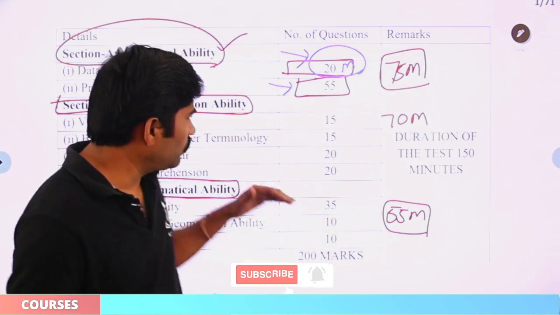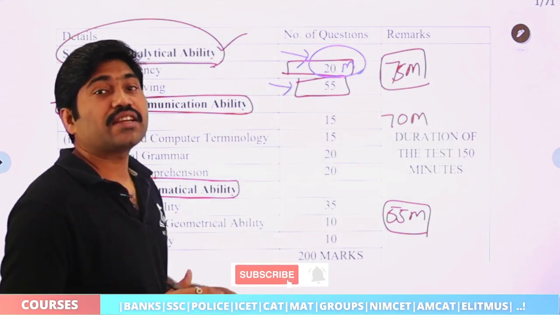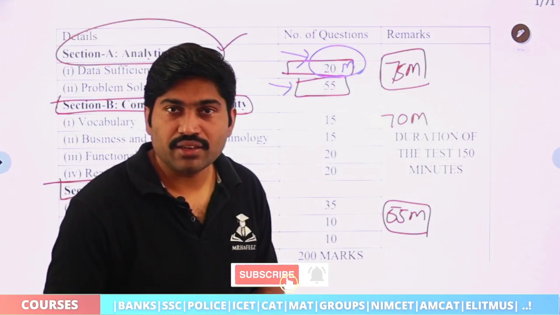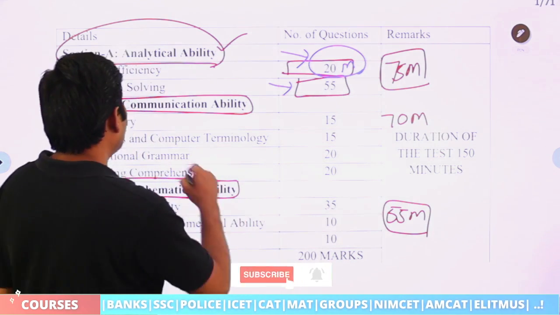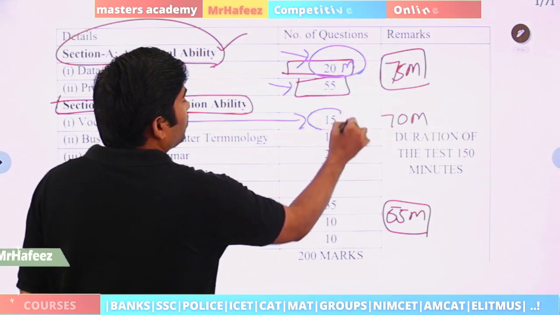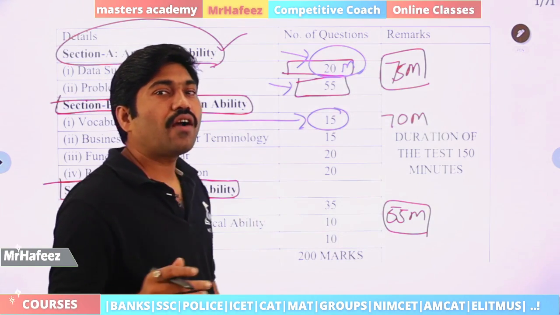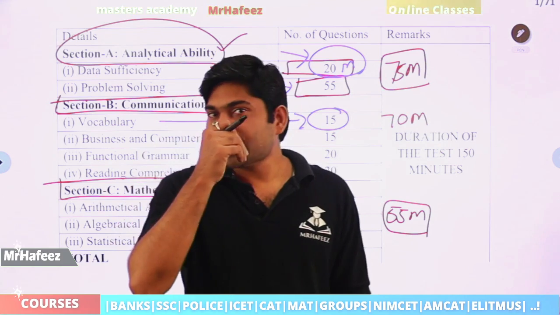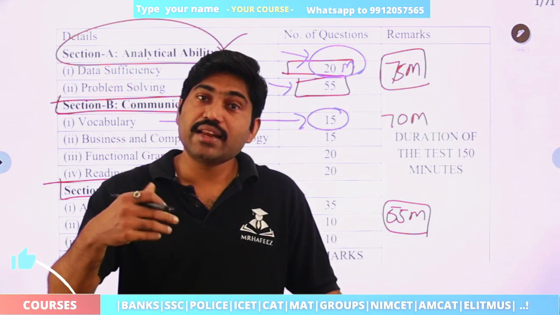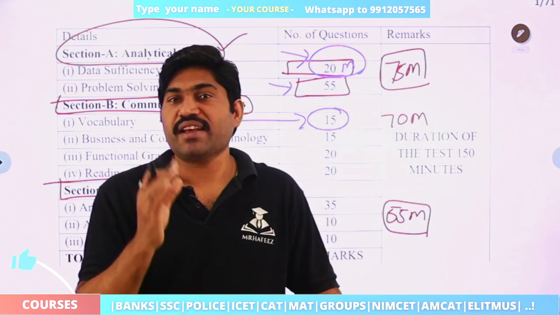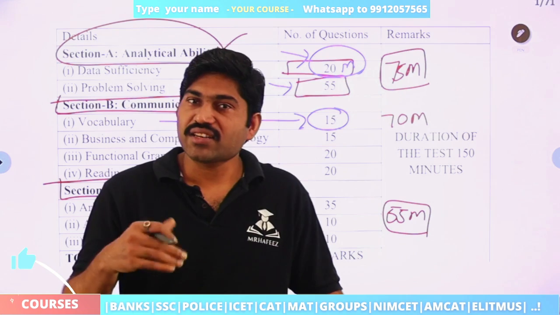Coming to the next section, Section B consists of communication ability, divided into 4 parts. The vocabulary is 15 marks. Generally, if you have broader knowledge and experience in learning a language, vocabulary plays a major role. If you have practiced already, it's okay.